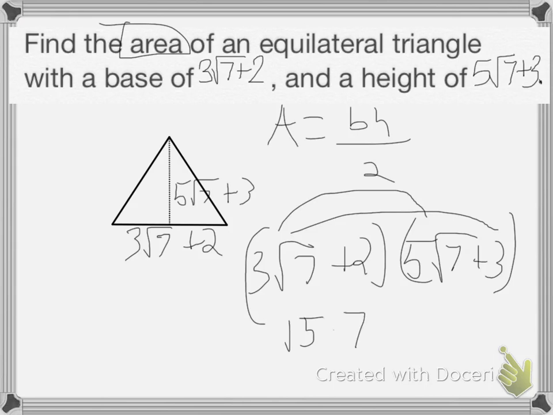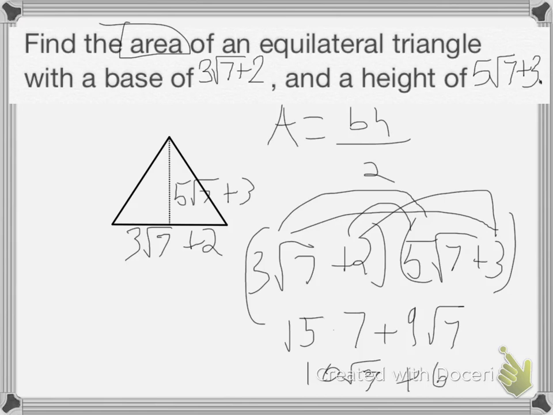And then 3 square root of 7 times 3 would be 9 square root of 7. And then 2 times 5 square root of 7 would be 10 square root of 7. And then 2 times 3 is 6.